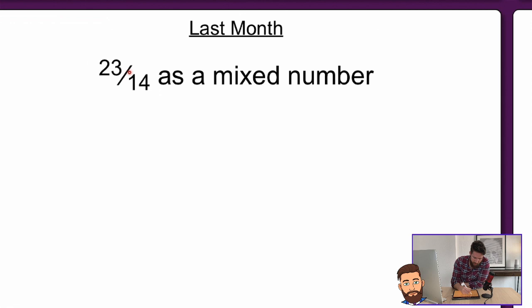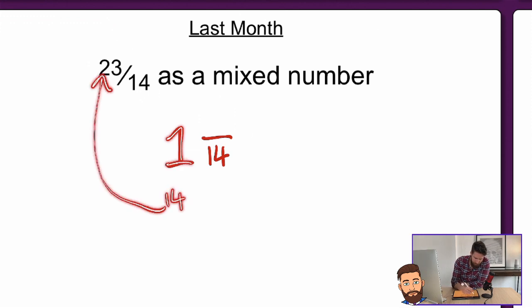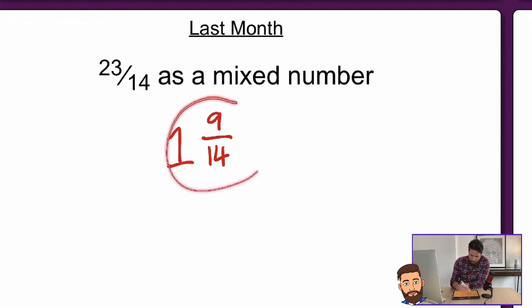We've got 14, 28. 28 is too big, so it's not twice, so it's one whole, one over the original 14 left over, and you have to work out what would go here. Well, 1 over 14 would be 14. How do you get from 14 to 23? You add on 9. So our answer would be 1 and 9/14.